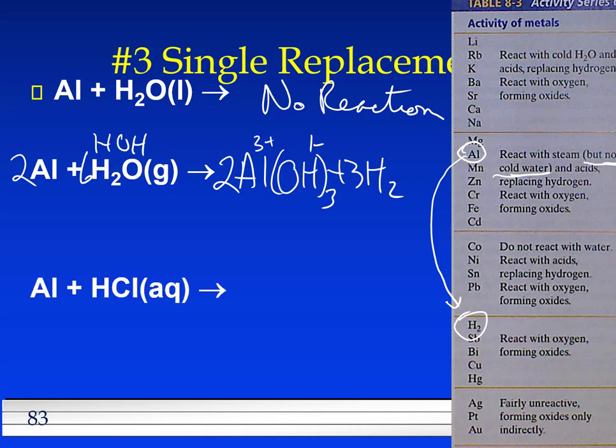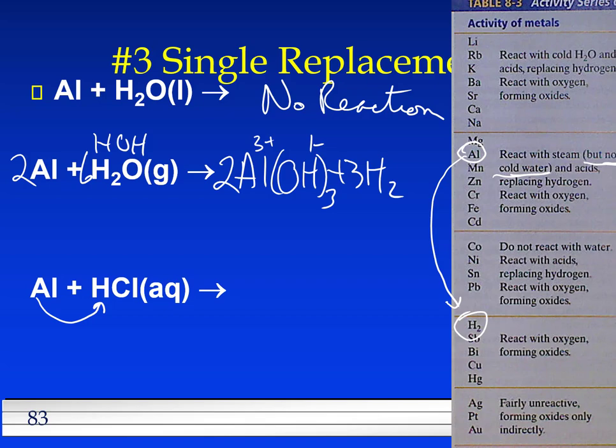What about Al and HCl? Well, Al is going to try to replace H. Can Al replace H? It can replace it if it's steam, if it's water, but this isn't water, this is an acid.